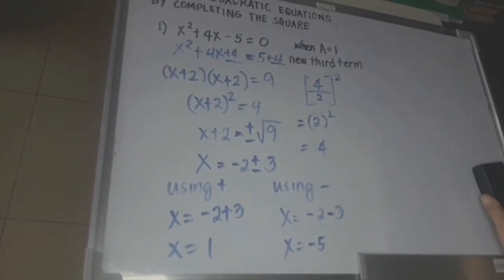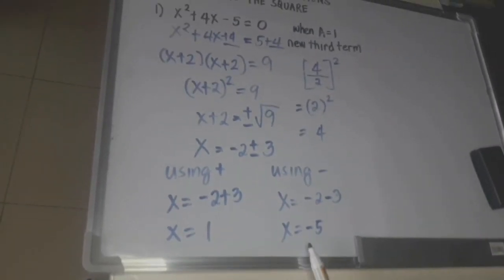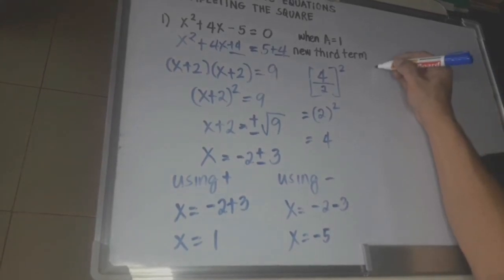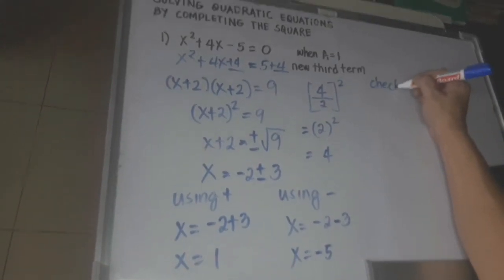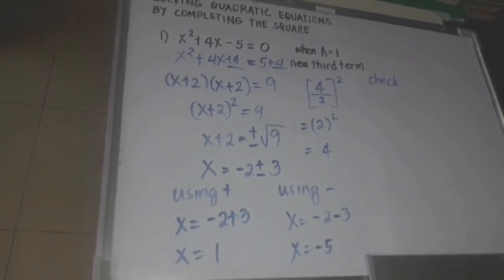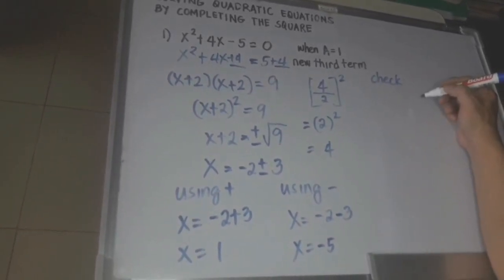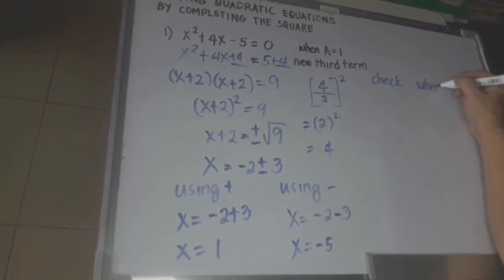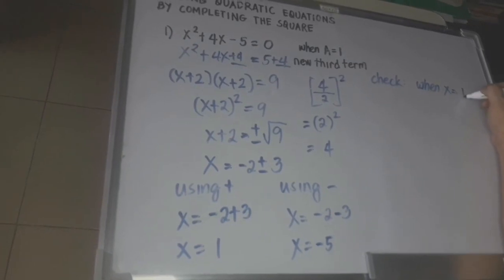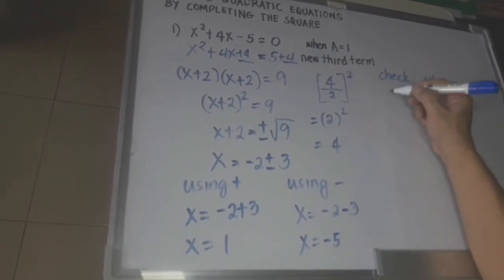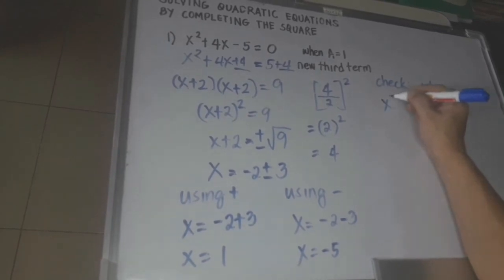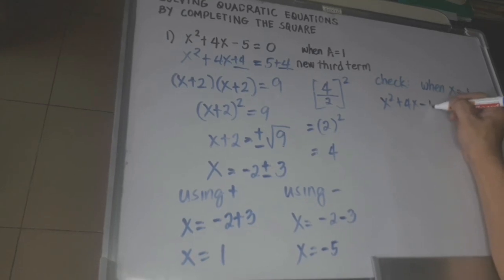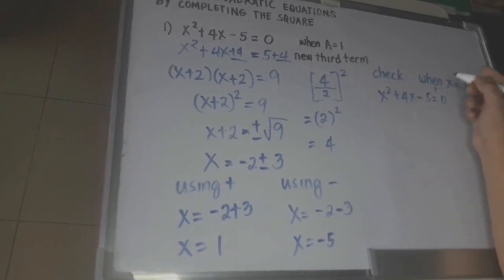So how do we know that these solutions or roots are correct? Okay, do the checking. Using the first solution or root, when x equals 1, writing the original equation, x squared plus 4x minus 5 equals 0, question mark.